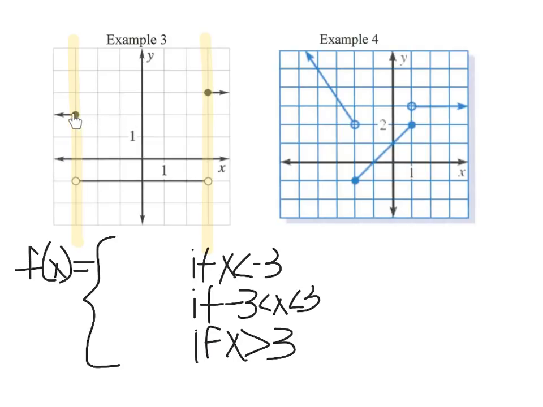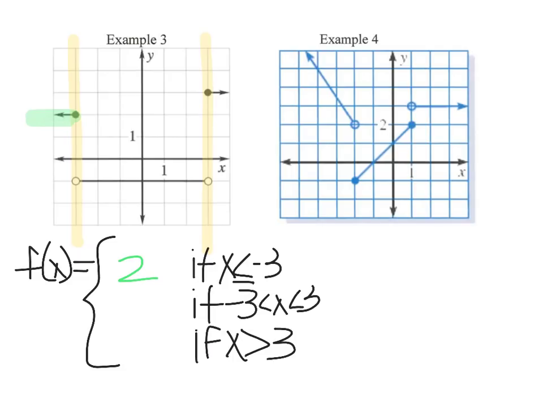So the equation of this line is y equals 2. So we would say y equals 2 if x is less than, and because it's a closed dot, we want to say less than or equal to -3, because that line has a closed dot.